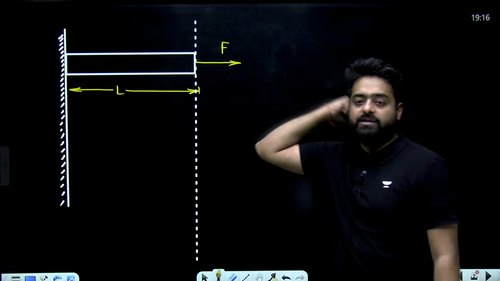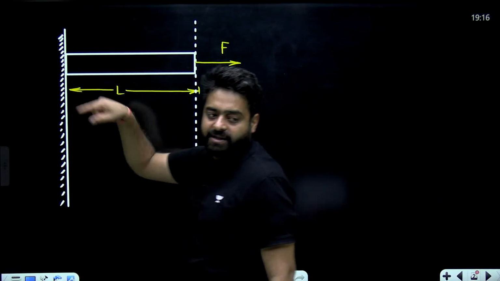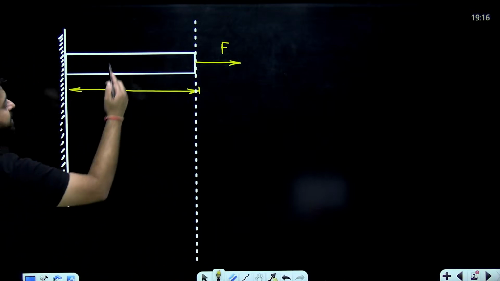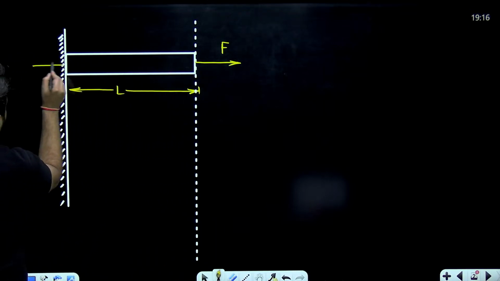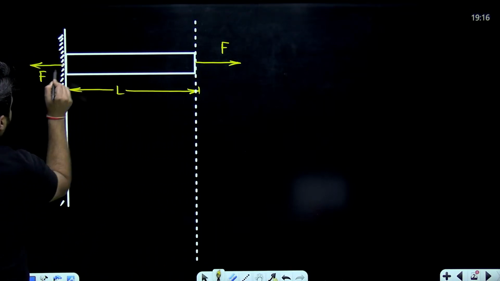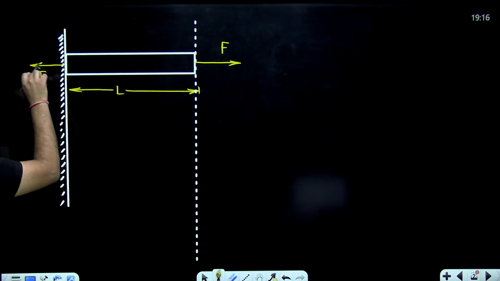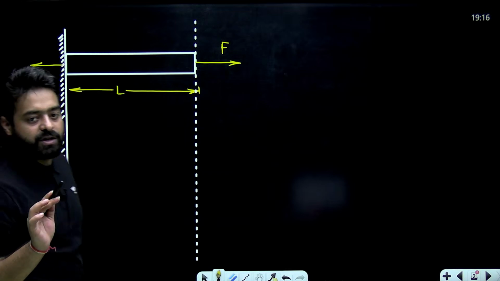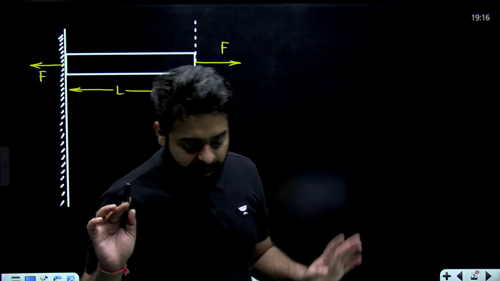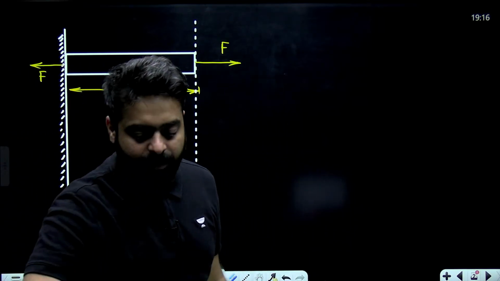It is trying to pull this rod out, but as the rod is fixed, obviously for every action there is an equal and opposite reaction. These are two forces on the rod, but this force is coming from the wall, in a very fundamental fashion. Clear?